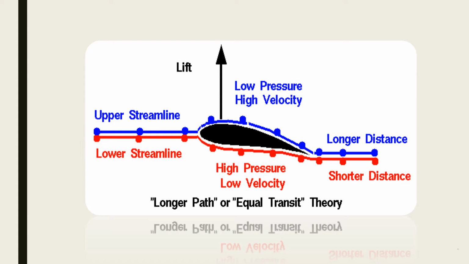Let's apply a bit of Bernoulli's theory in here. The shape of the wing causes the air flowing over the top to move faster than the air flowing under the wing, creating an area of high pressure under the wing and lower pressure on top of the wing.